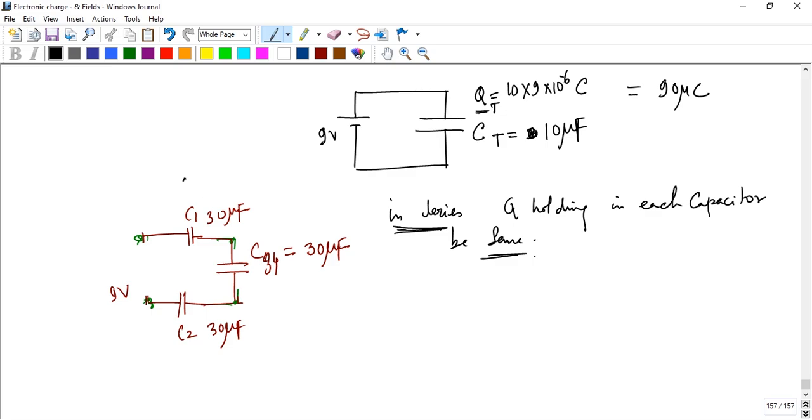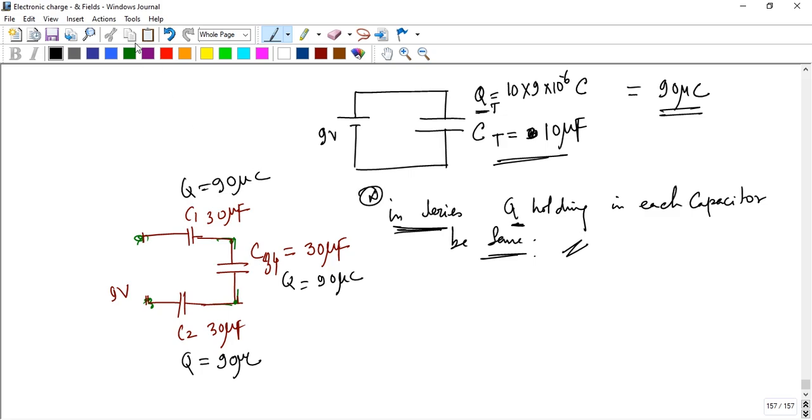So here Q amount of charge, here also Q amount of charge, here also Q amount of charge. So the very important thing is that the total combined charge is the same, 90 microcoulomb. Here 90 microcoulomb, here 90 microcoulomb, here 90 microcoulomb. The capacitance values may change, but the charge Q held in each capacitor is the same. That is the concept, you know that.